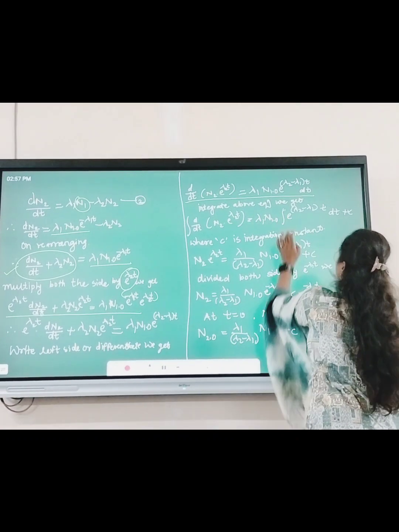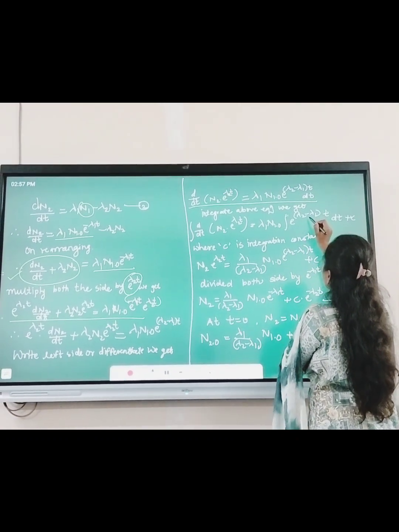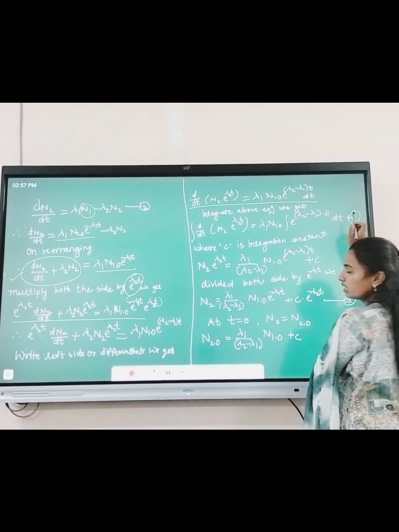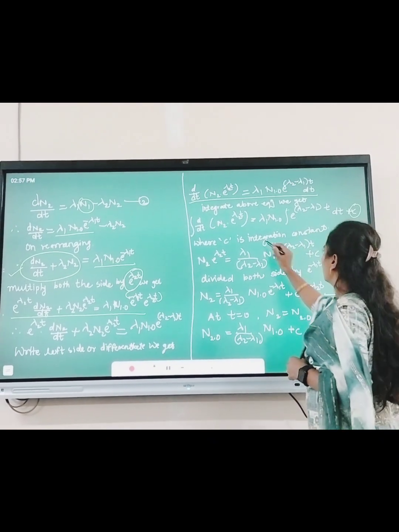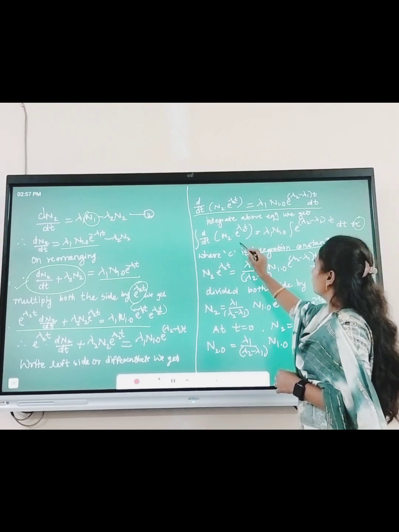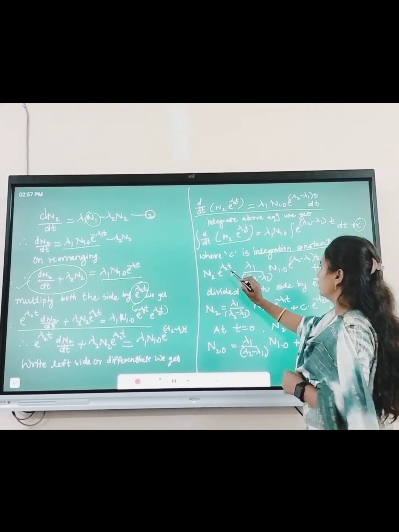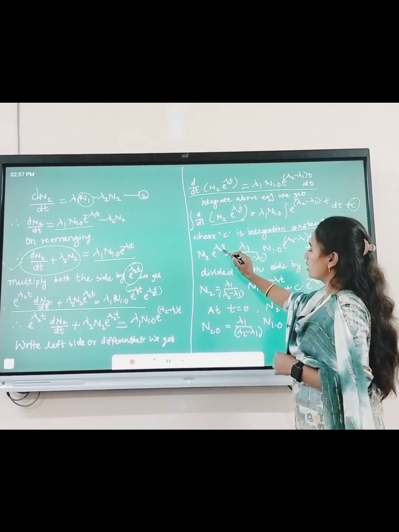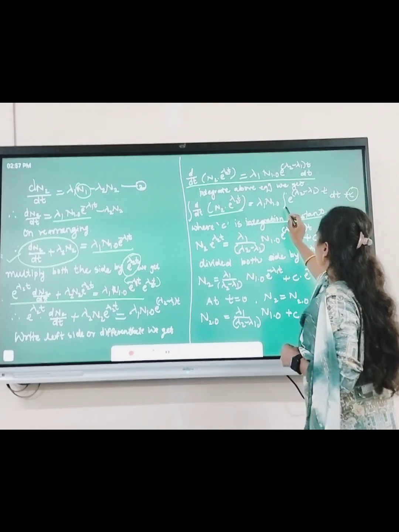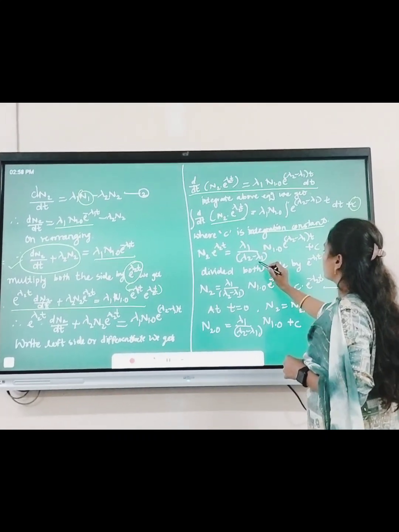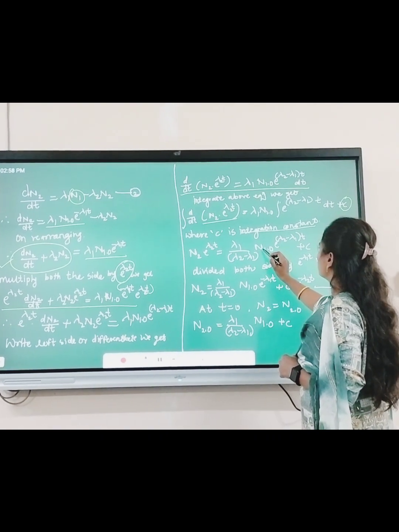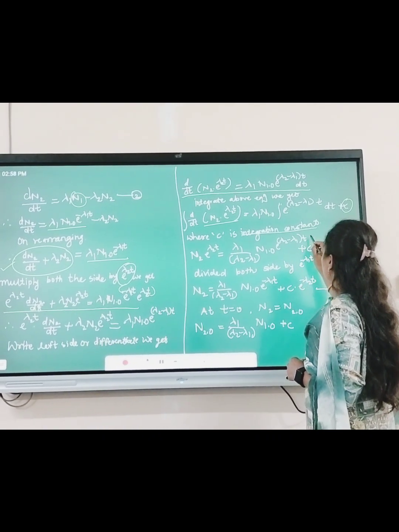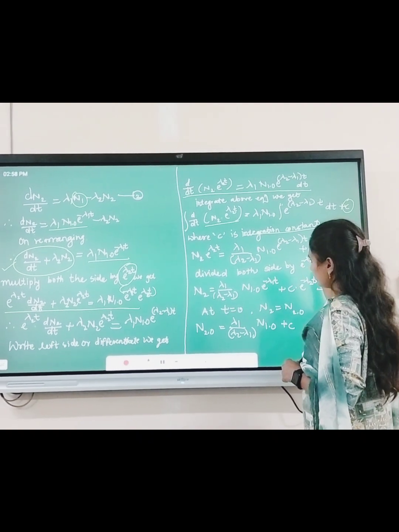Therefore, integration of e raised to the power lambda 2 minus lambda 1 into t dt, plus c, and this c is our integration constant. Therefore, N2 e raised to lambda 2 t is equal to lambda 1 divided by lambda 2 minus lambda 1 into N 1.0 e raised to the power lambda 2 minus lambda 1 into t, plus c.